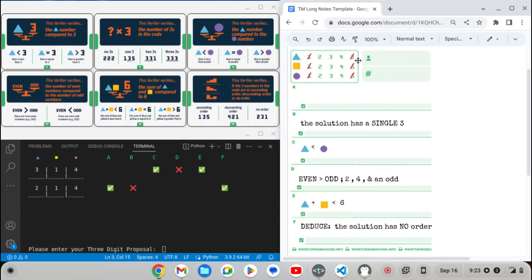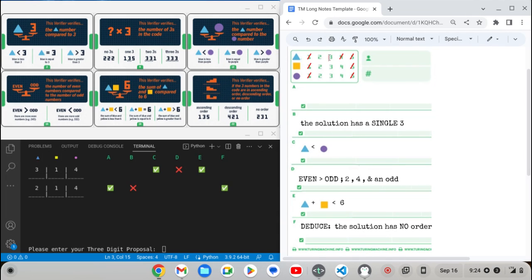So based on criteria card C, where triangle has to be smaller than circle, that also means that triangle cannot be a 4. Okay. And then based on criteria card A, it did approve of my triangle being less than 3.